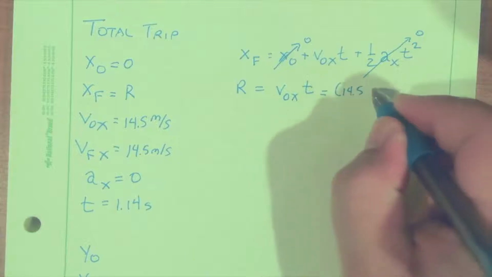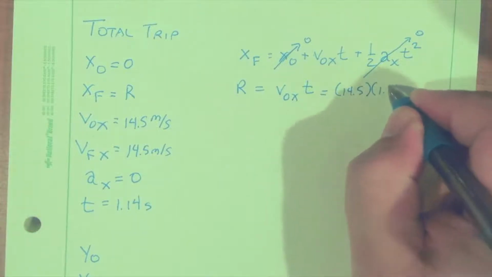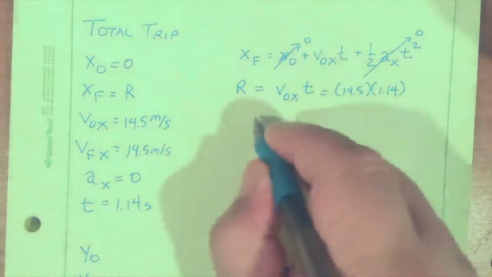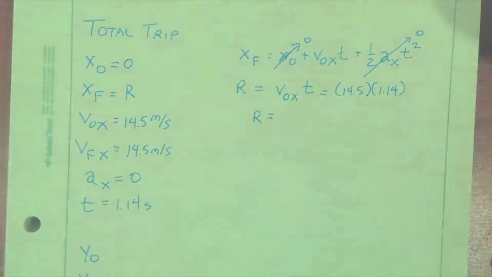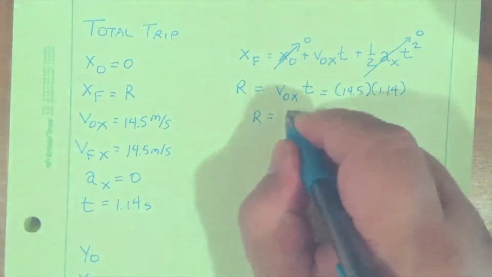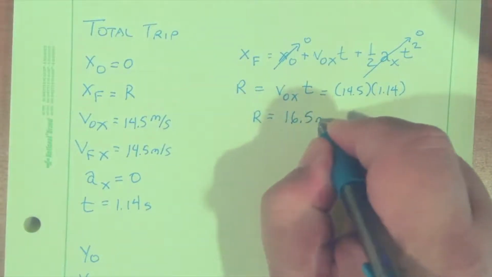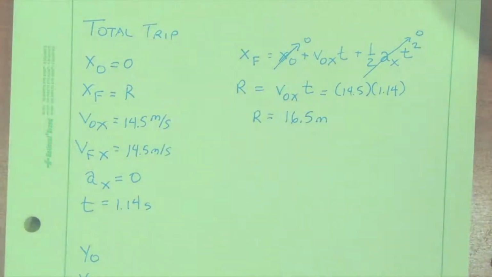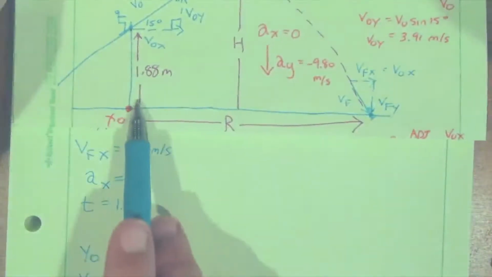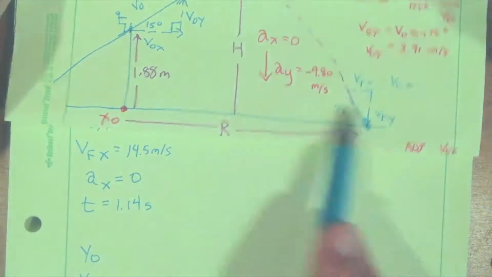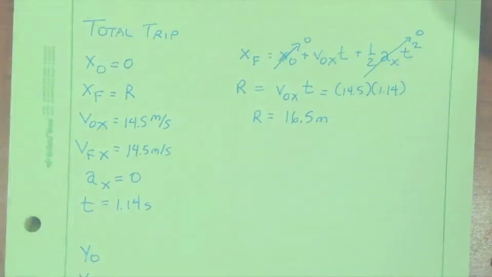So that's 14.5 times 1.14, and that gives us a range of 16.5 meters. So the ski jumper travels a total of 16.5 meters from the base of the ramp.